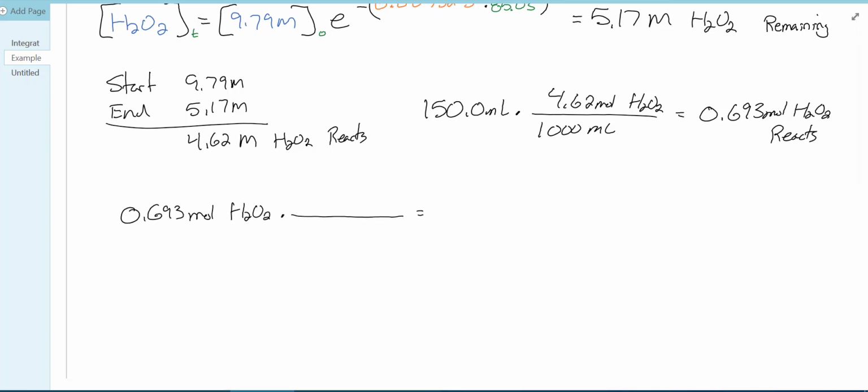I would do 2 moles of H2O2 to 1 mole of O2. And that gives me what? Divide that by 2 is 0.347, I believe.